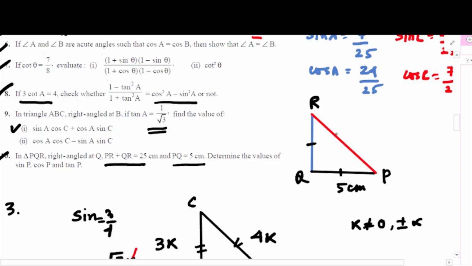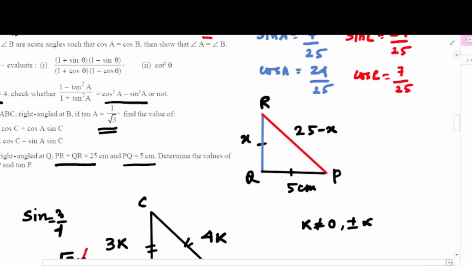PR plus QR is given as 25 centimeter. So if QR is x, this PR will become 25 minus x, right?